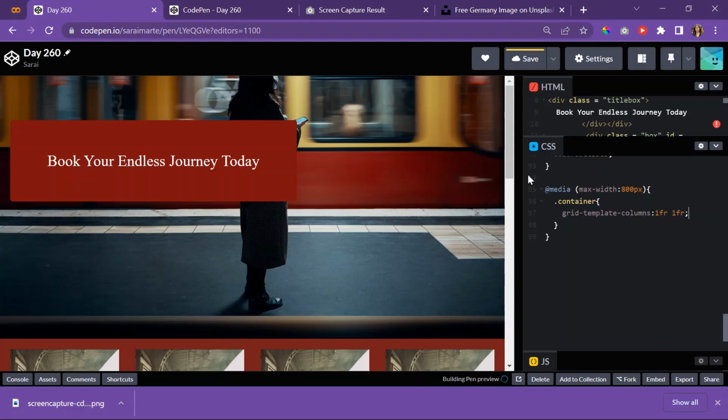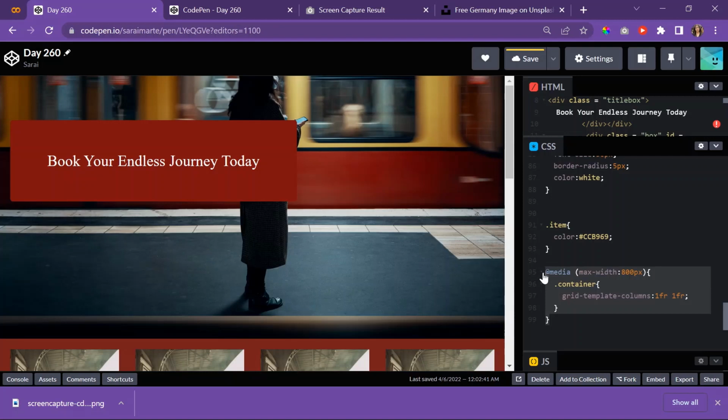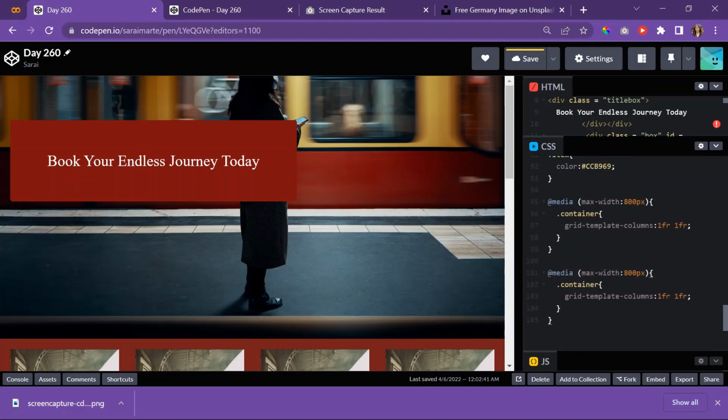And I'm just gonna copy this and just change it to 600 pixels and have it be one column.